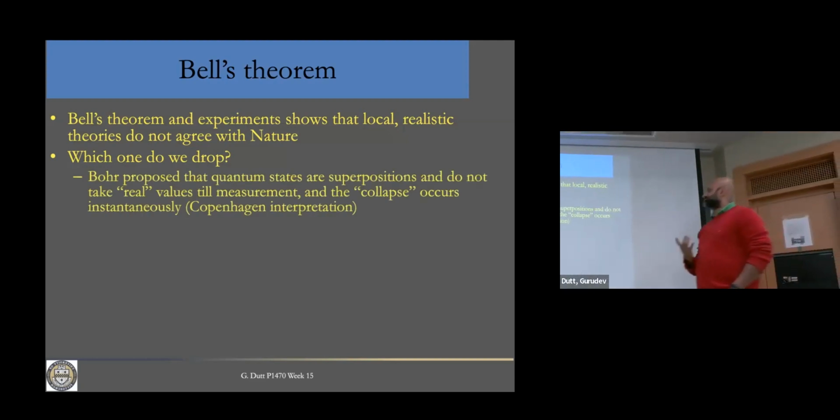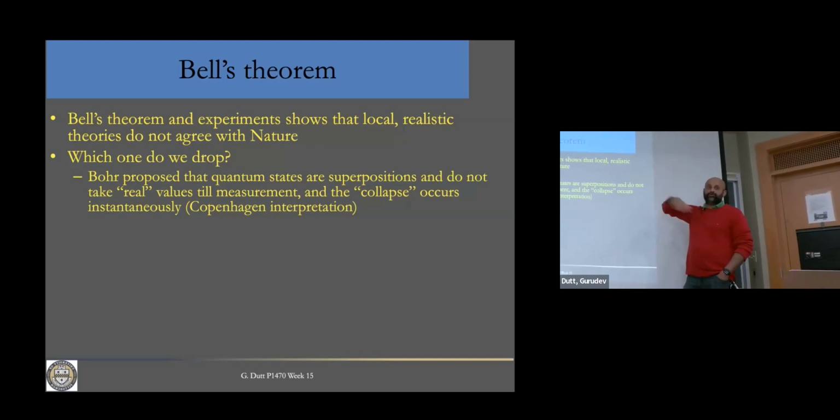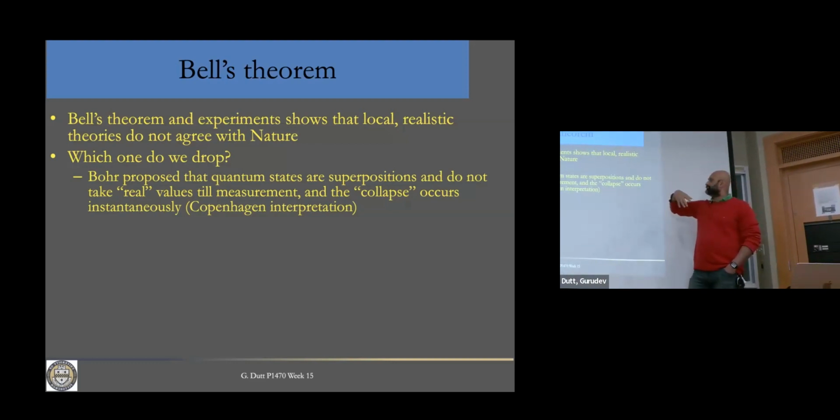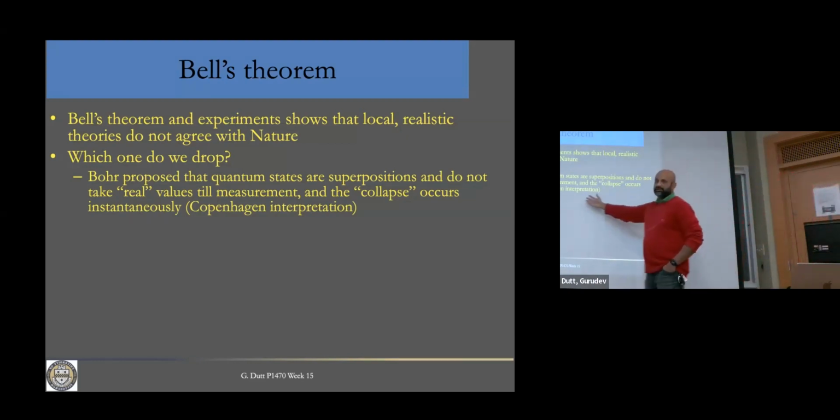So Niels Bohr proposed that we drop the realism part, which is that quantum states are superpositions. They do not have actual values, they do not have real values until the measurement, and then a collapse occurs, which is what we've been talking about when we talked about measurements in this course. This is the interpretation of quantum mechanics that we have been following. Okay.